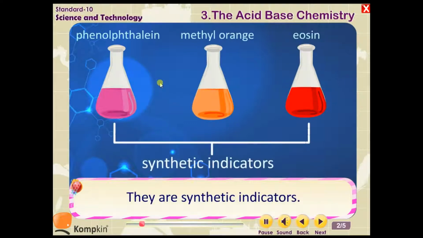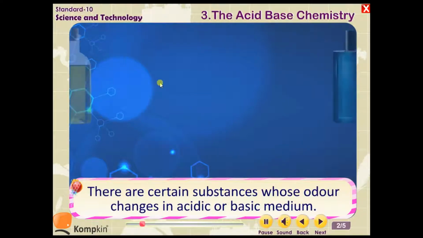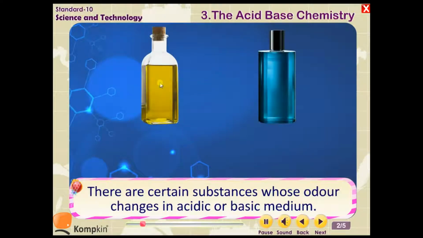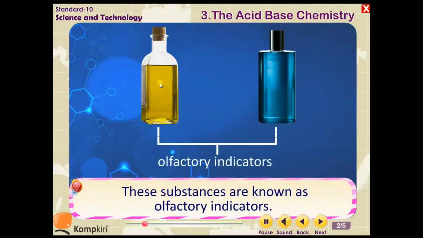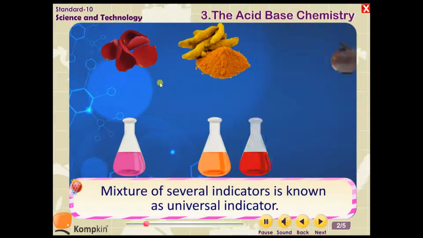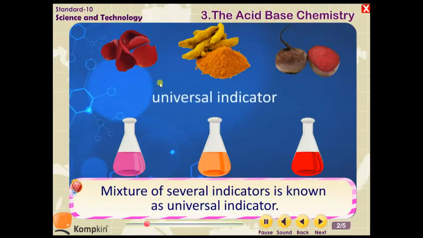They are synthetic indicators. There are certain substances whose odor changes in acidic or basic medium. These substances are known as olfactory indicators. A mixture of several indicators is known as universal indicator.